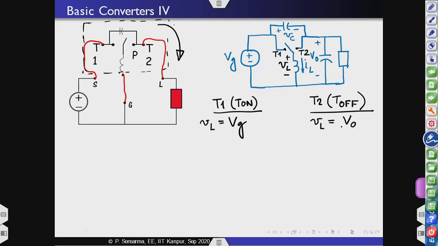Now, you can guess, I am not going through the whole exercise as we had done before, but from the similarity with the buck boost converter, I can now straight ahead write the voltage gain AV.